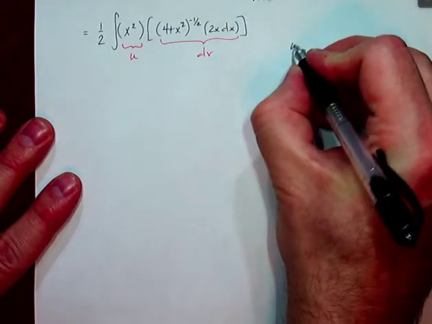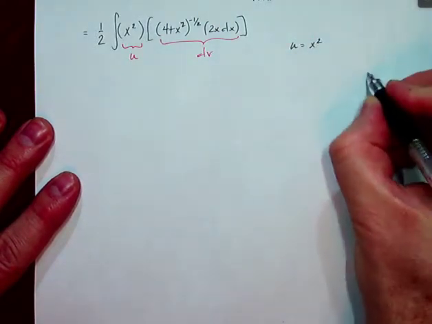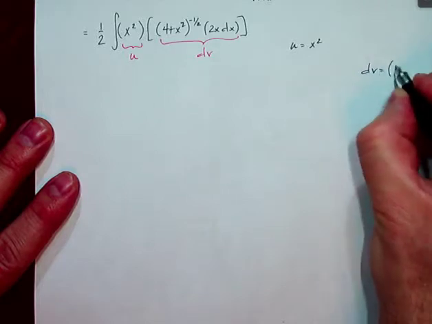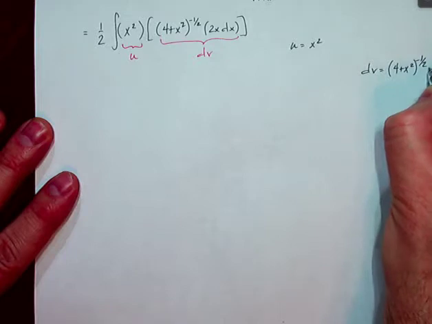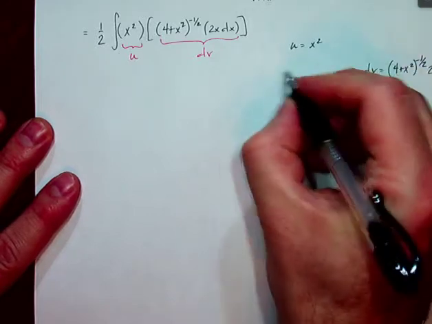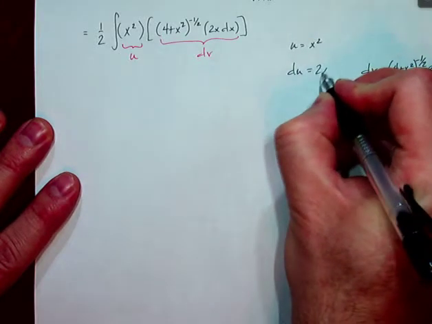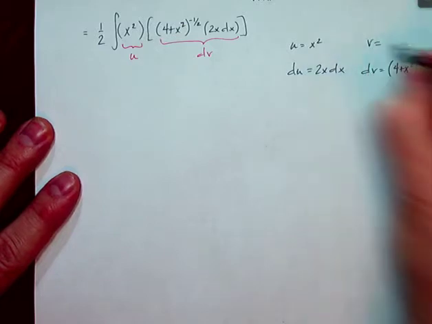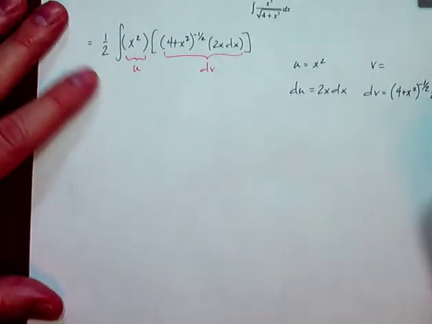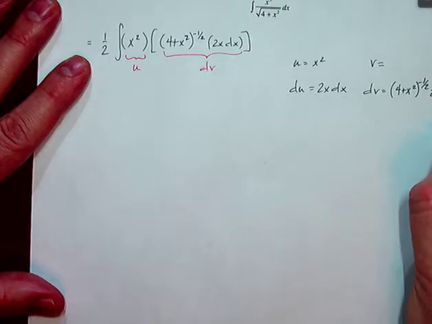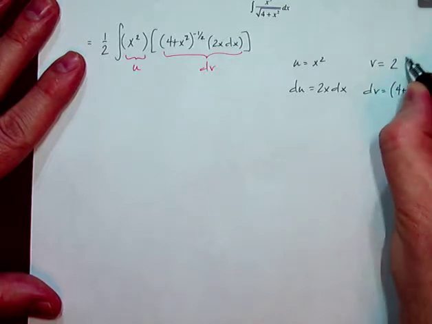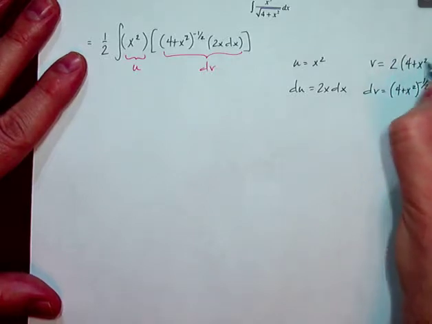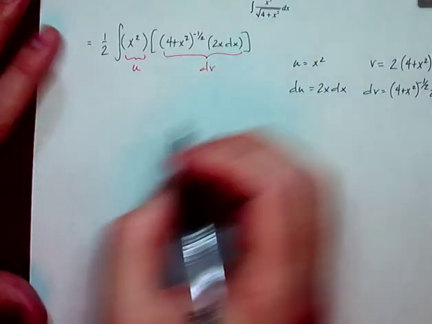So my u is x squared. My dv is this monstrosity. Let's see if I can do it without running out of paper. 2x dx. And then du is 2x dx, and my v winds up being, well, basically this is u to the negative 1/2 du, so it becomes u to the 1/2 over 1/2, or 2u to the 1/2. Fantastic.